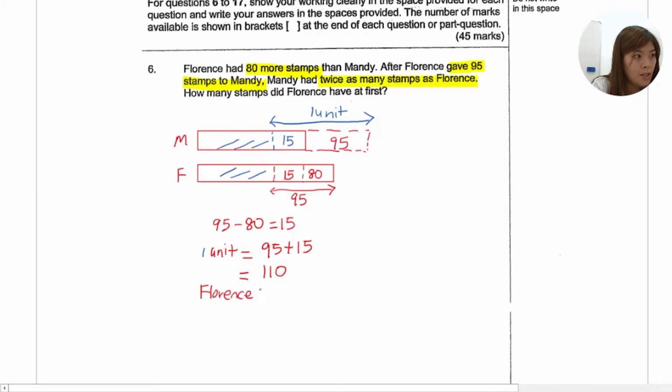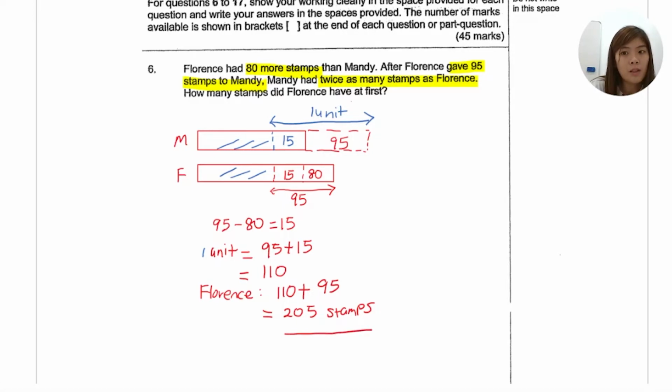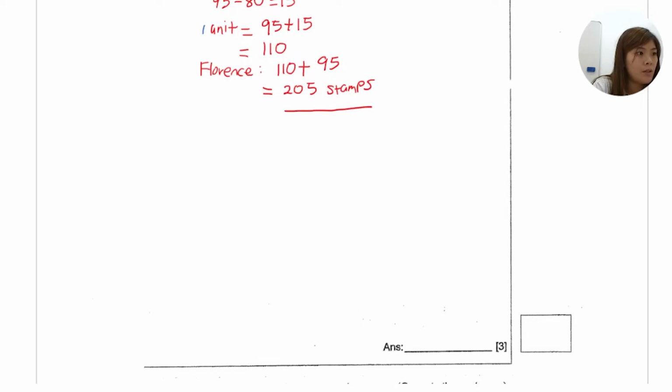Florence has 1 unit, which is 110, plus she gave away 95, right? So 110 plus 95 equals 205 stamps. So Florence had 205 stamps at first. 205 is the answer, so you just write 205 here.